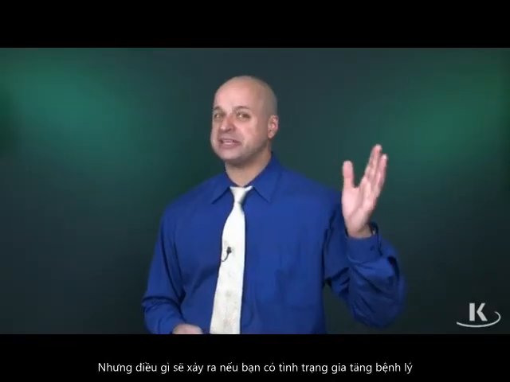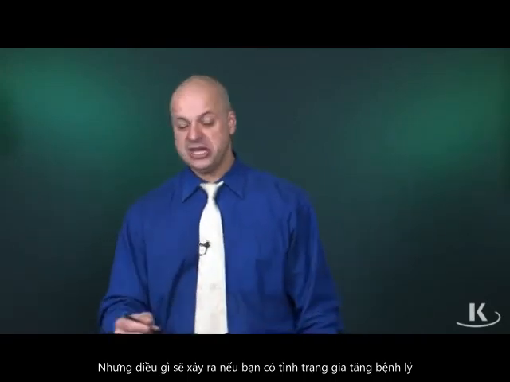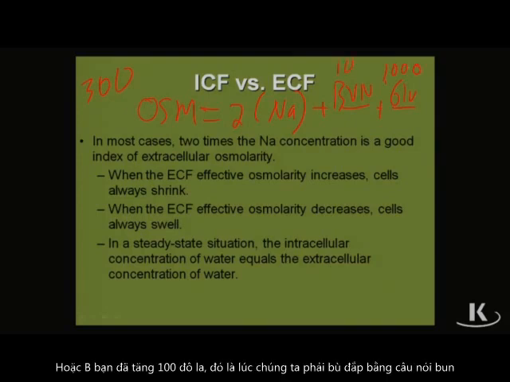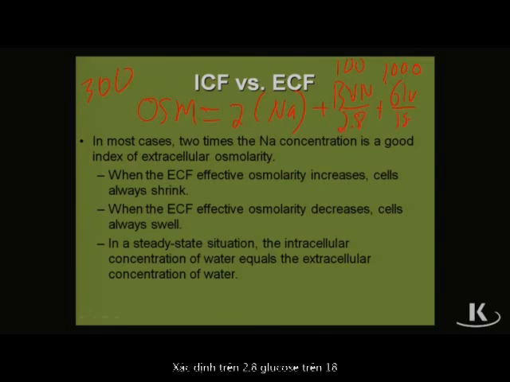But what if you had conditions of pathologic increase, like people with DKA or non-ketotic hyperosmolar syndrome, and then you had a glucose of 1,000 or a BUN of 100, huge increases? That's when we have to compensate for it by saying BUN over 2.8 and the glucose over 18.